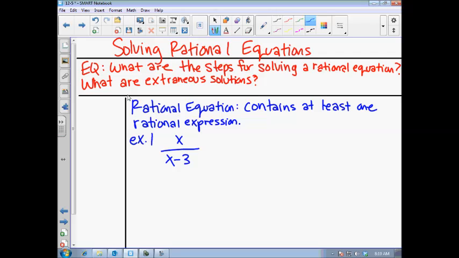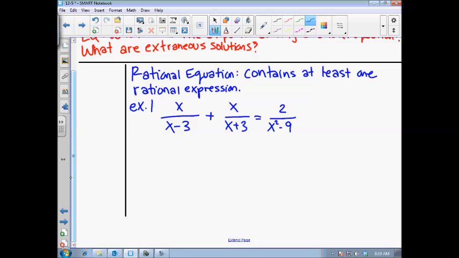Is it a fraction, guys? Yeah, so it's rational. Okay? And it has a variable. So we're good. Plus x over x plus 3 equals 2 over x squared minus 9. Okay, it's an equation because it has an equal sign. So when we're solving, we're trying to find the value of x that would make it equal.